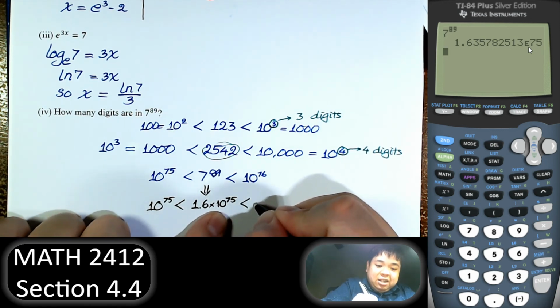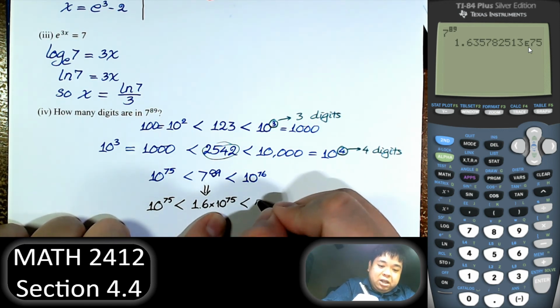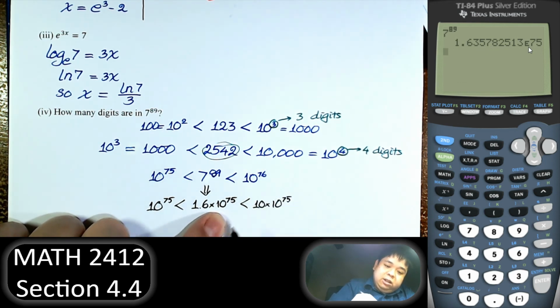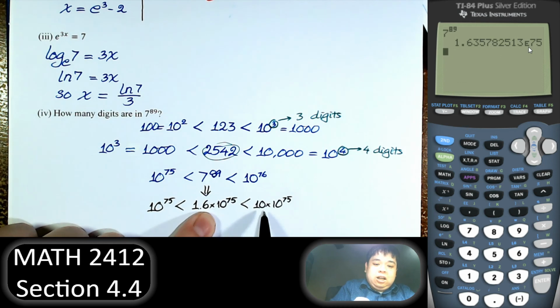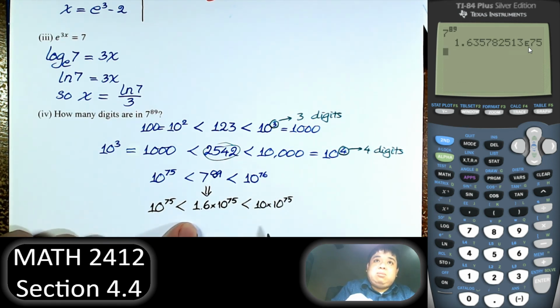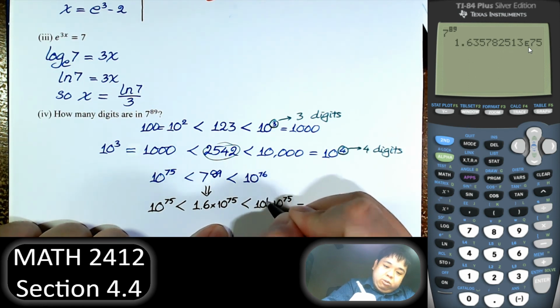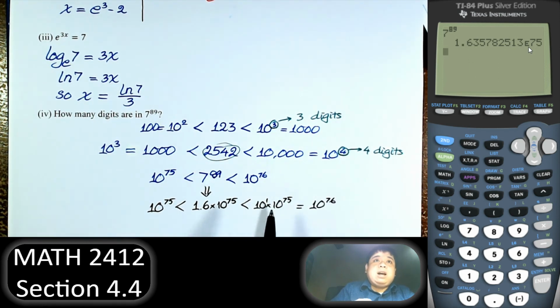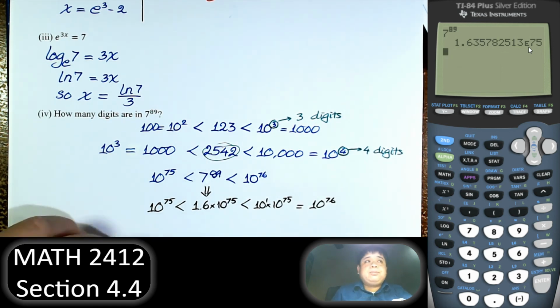But this will be less than if we multiply by 10 times 10 to the 75. Of course, 1.6 is less than 10, therefore that number is less than this number. And when we multiply this together, we have 10 to the 76. Because of that, this number has 76 digits.